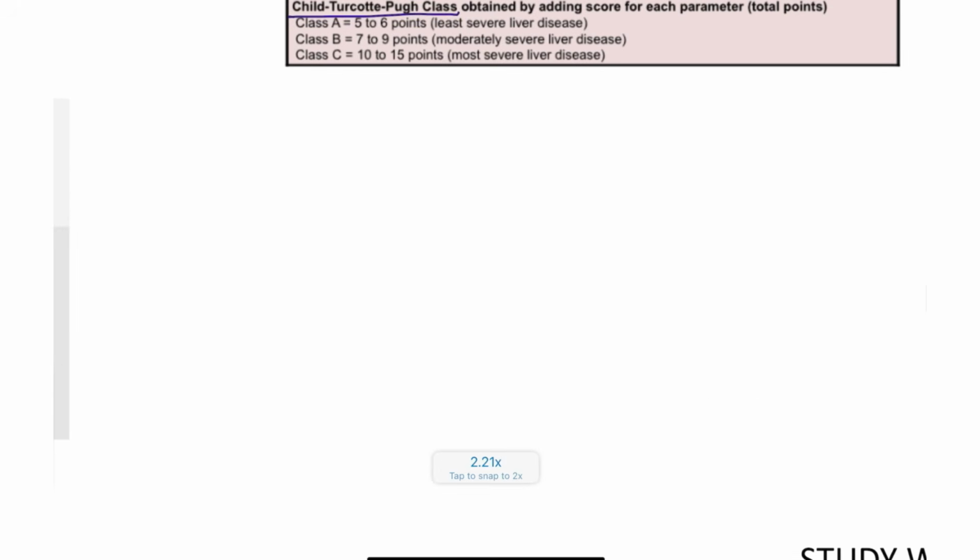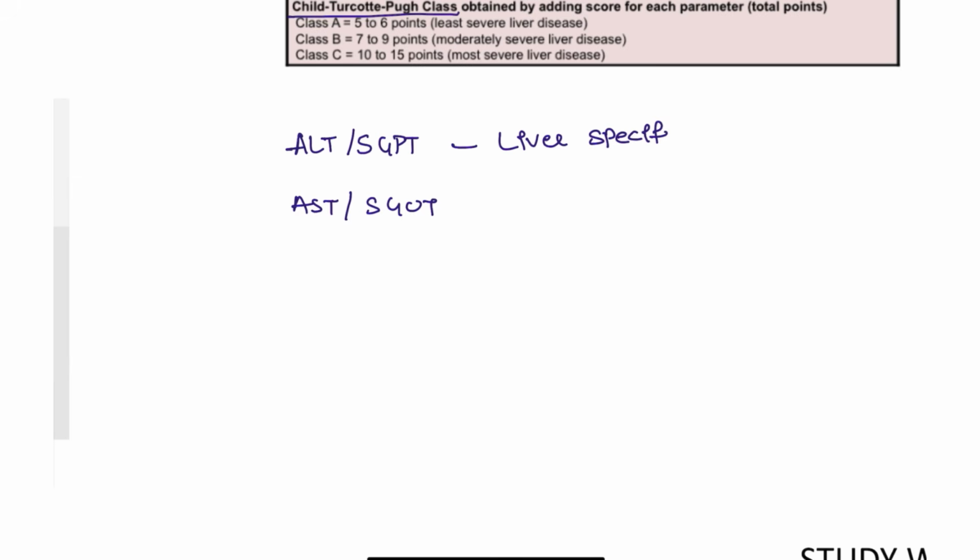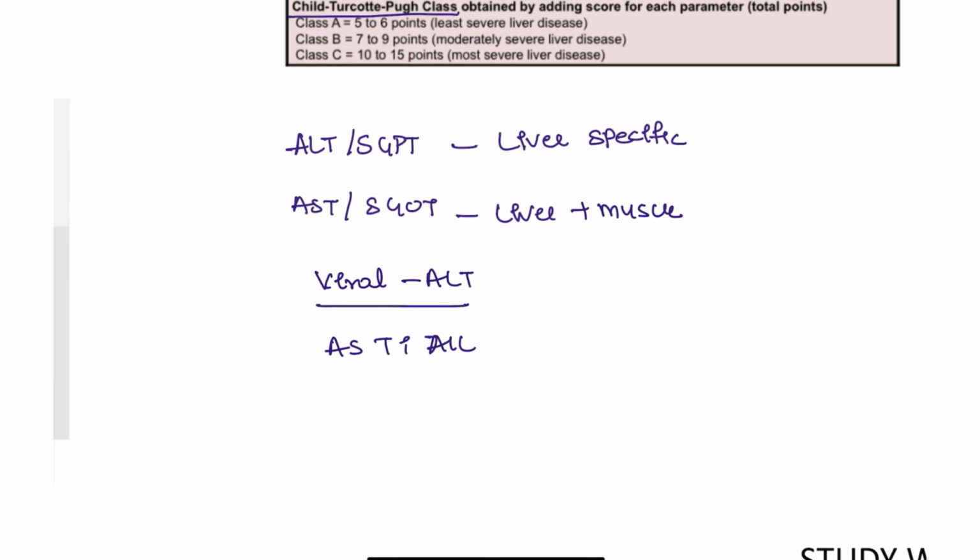Next, coming to ALT (SGPT) and AST (SGOT). ALT is important as it is liver specific, whereas AST is liver plus muscle. Viral hepatitis is going to show ALT positive, and AST plus ALT raised is seen in alcoholics.